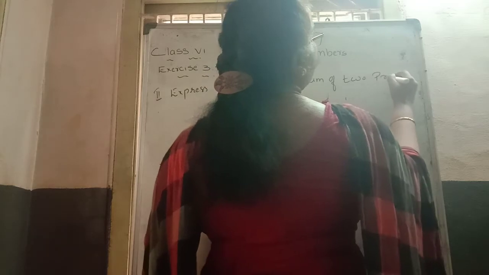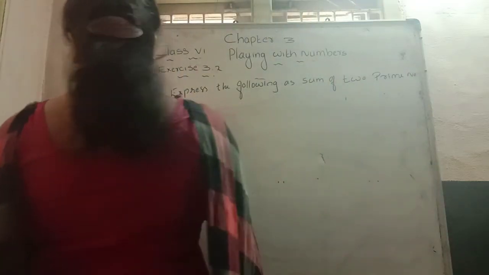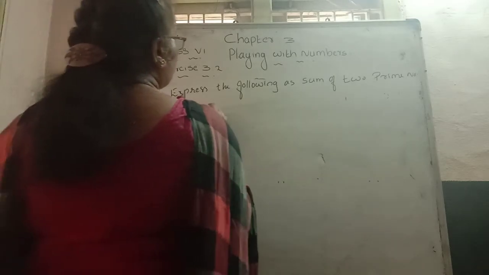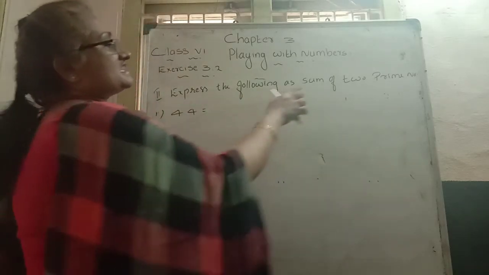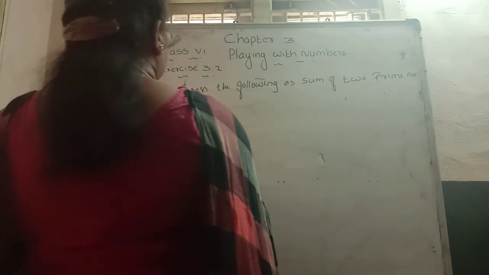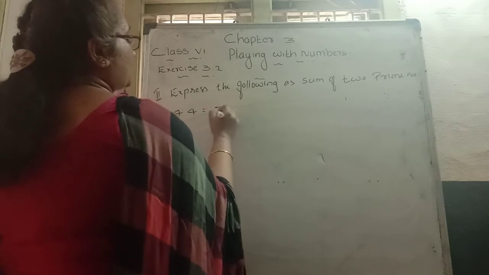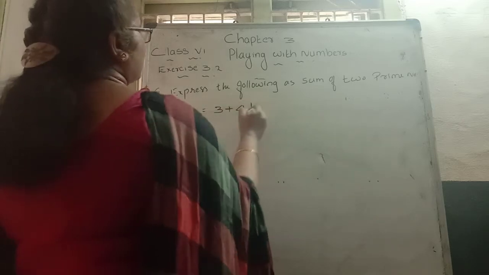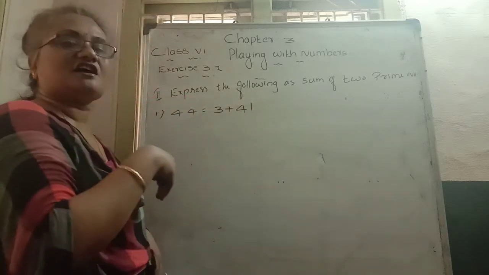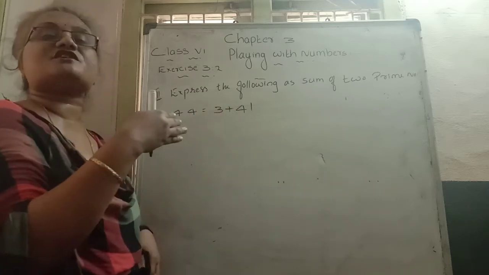Where you want to express using prime numbers, one question they given is 44. How to express 44 in the form of two prime numbers? We can write it using only prime numbers: 3 plus 41. 3 plus 41 becomes how much? 44.